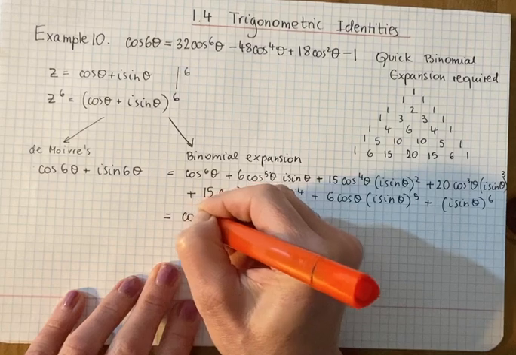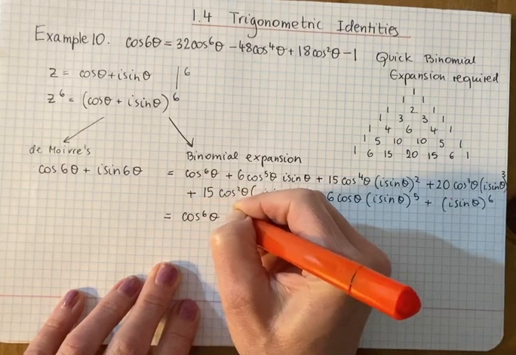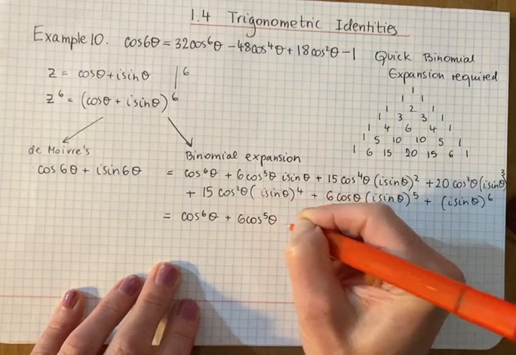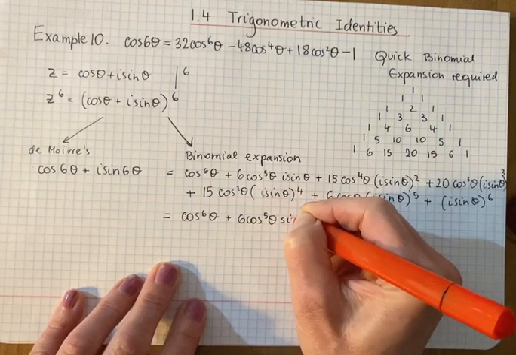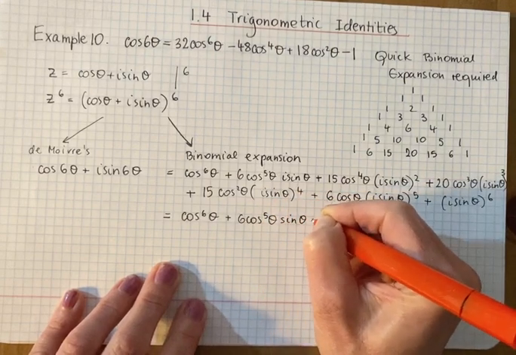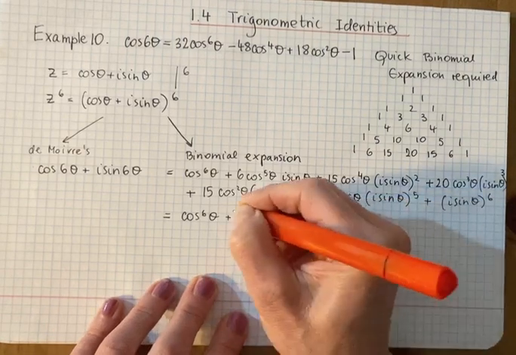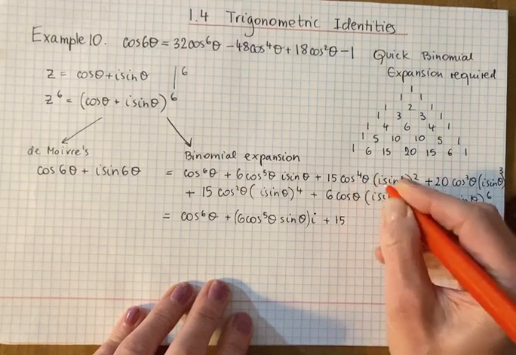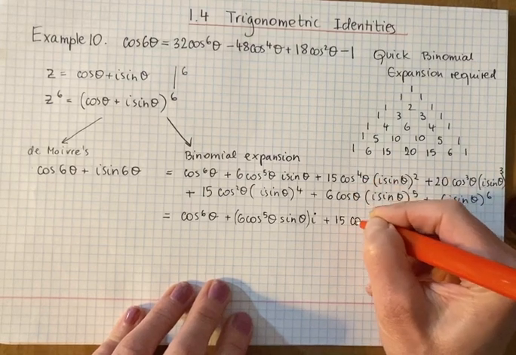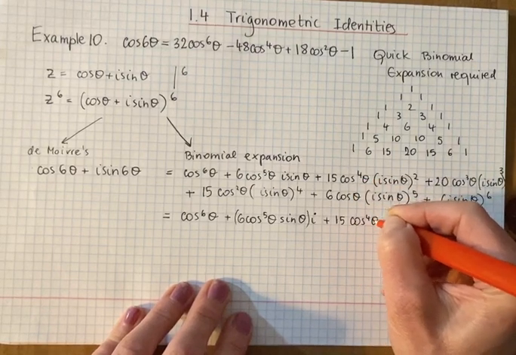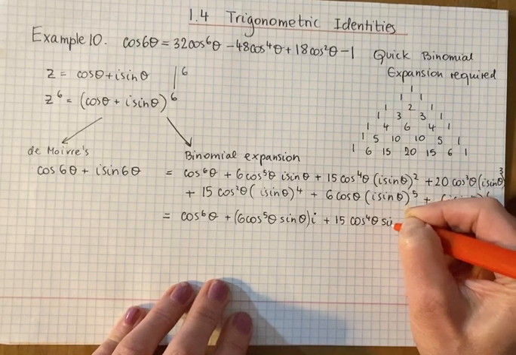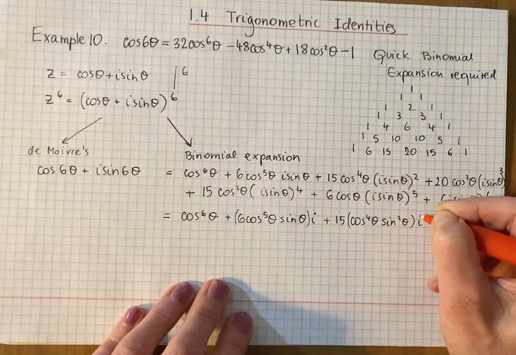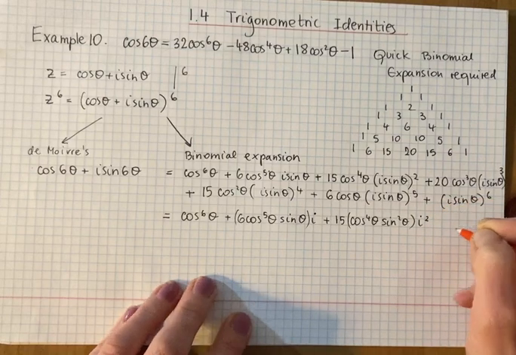So it's cos to the power 6 theta plus 6 cos to the power 5 theta sine theta. I'll put i at the end here. Next one is 15. This one is going to be cos to the power 4 theta, then it's going to be sine squared theta, and you are going to get that multiplied by i squared.